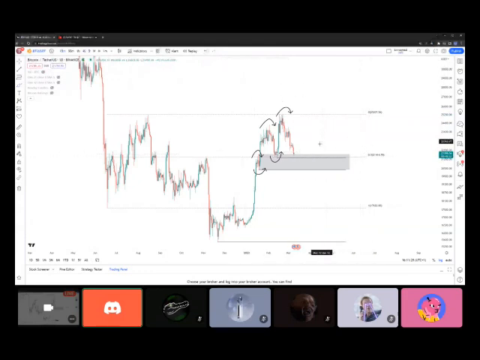And as long as we maintain this structure, we can still start looking for longs, because the local uptrend is still up, of course. So if we take liquidity and show strength, that's when I'm definitely interested in longs. Why? Because of the high-low structure. So I still want to get involved in longs mainly.